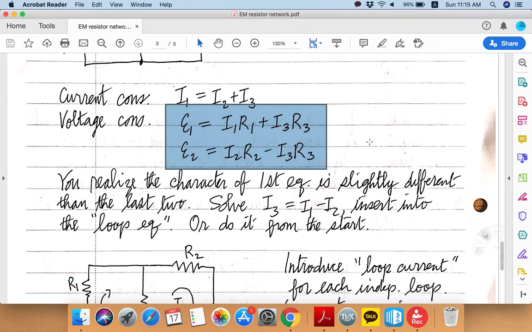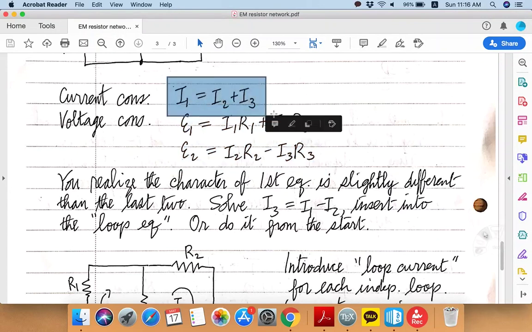But then it's not just that, but what really stands out is the fact that this equation only involves the current, right? There's no other information like what is the resistance and what is the voltage.